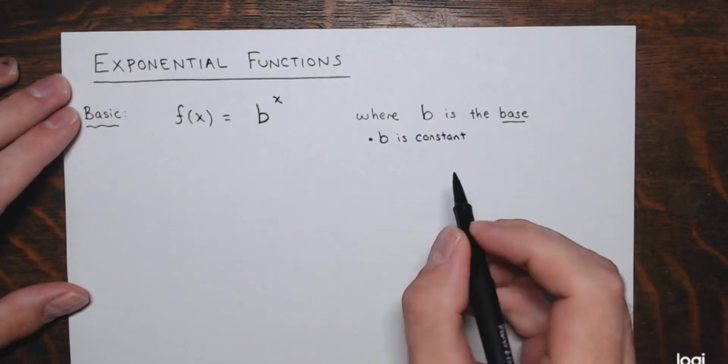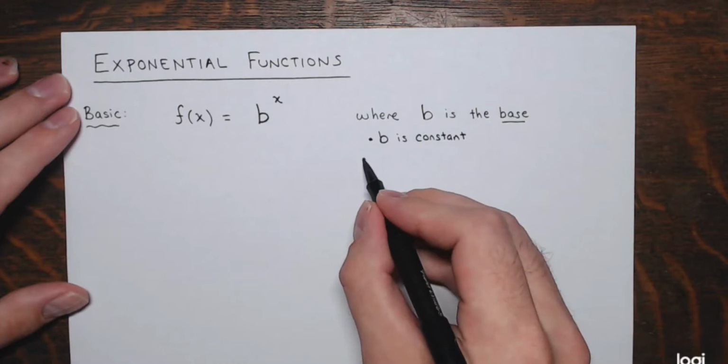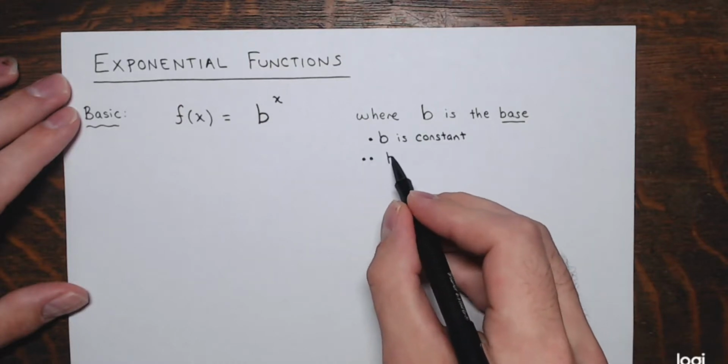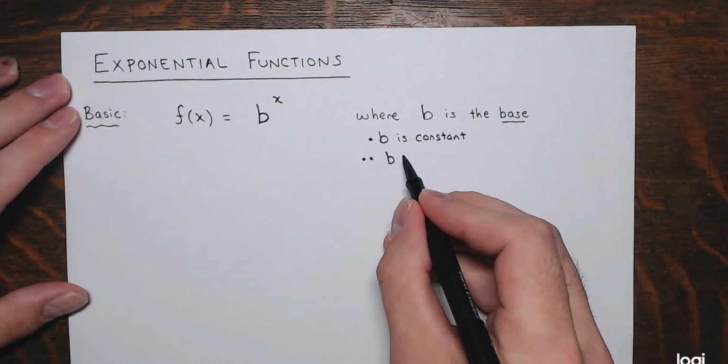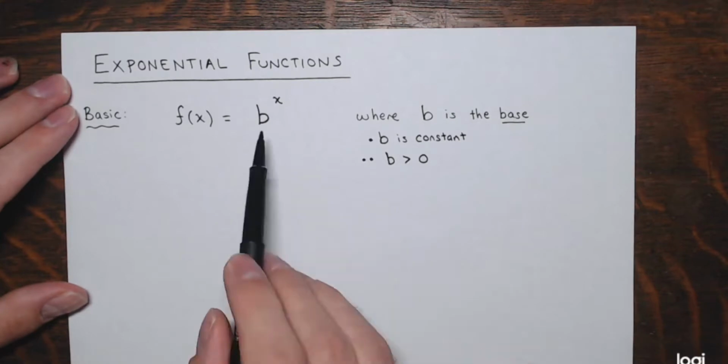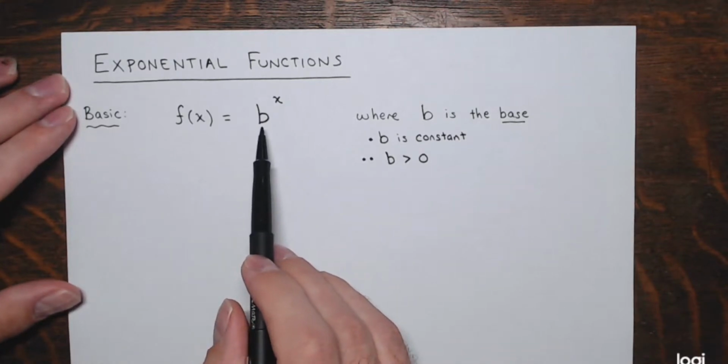Also, just to make things easy for us for this introduction, we're going to have b be a number that is positive. So we're not going to be looking at exponential functions with a negative base.